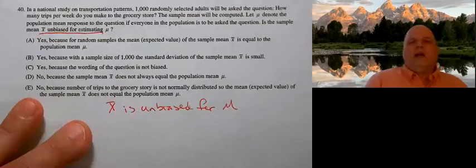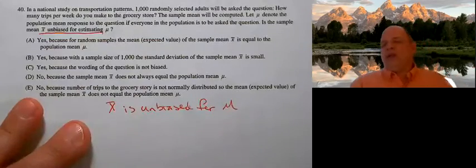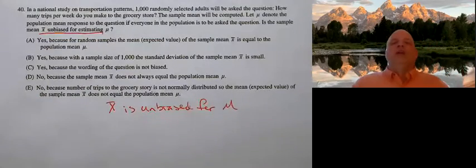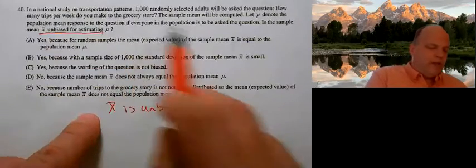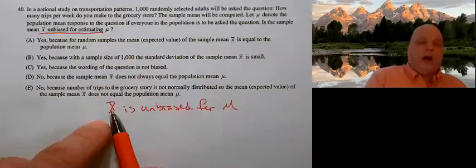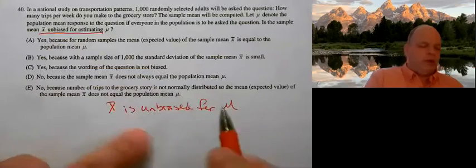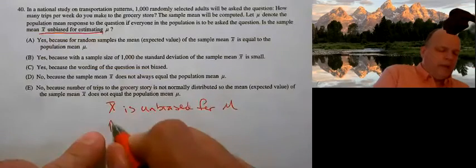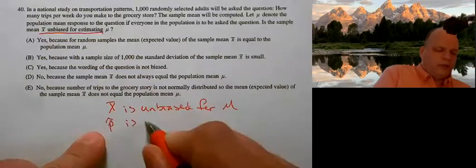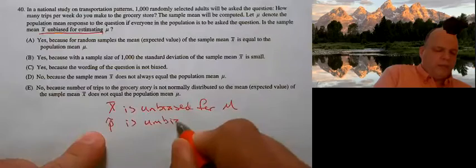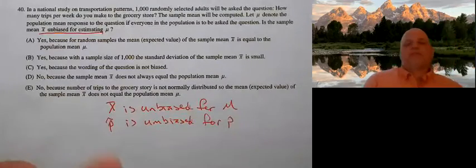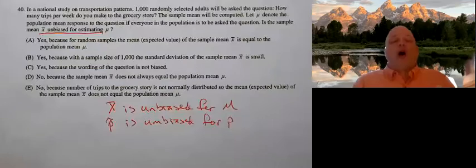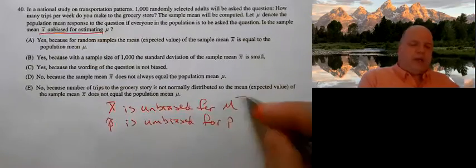In other words, an unbiased estimator is one where, if we use the calculation on everyone, we get the population value. Basically, if everyone is asked, yes, our sample mean would be unbiased for mu. The other one is p hat, which is unbiased for the population proportion. Those are our unbiased estimators.